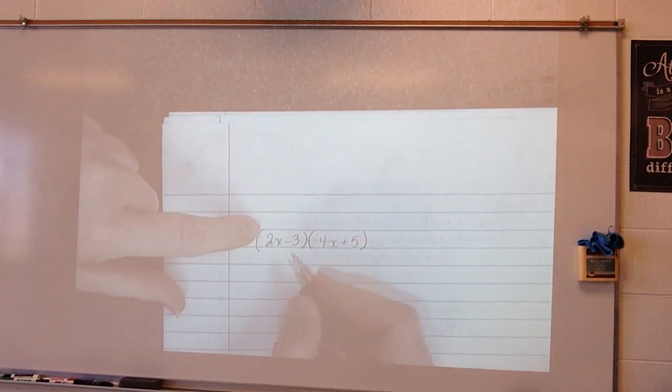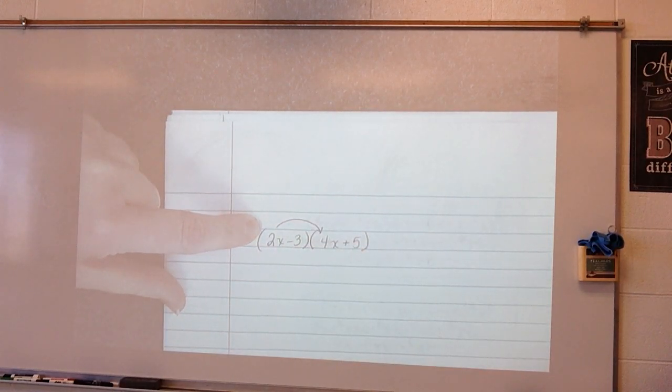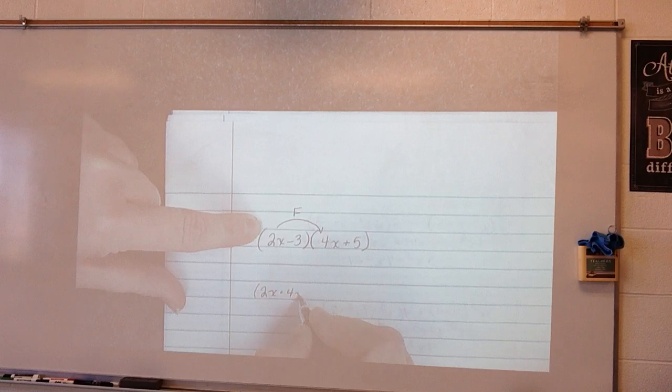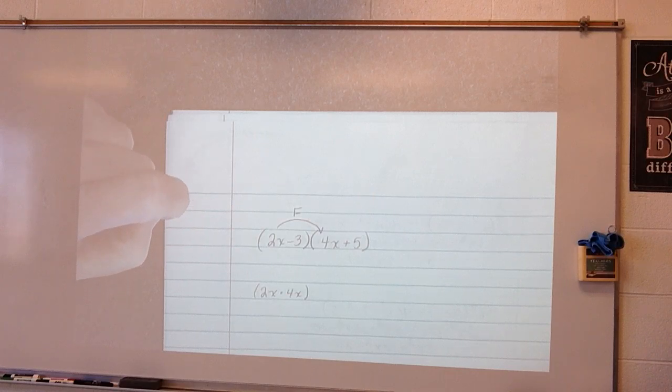We are going to multiply the front 2, which is my F. So I'm going to do 2x times 4x. Then I'm going to multiply my outer 2.